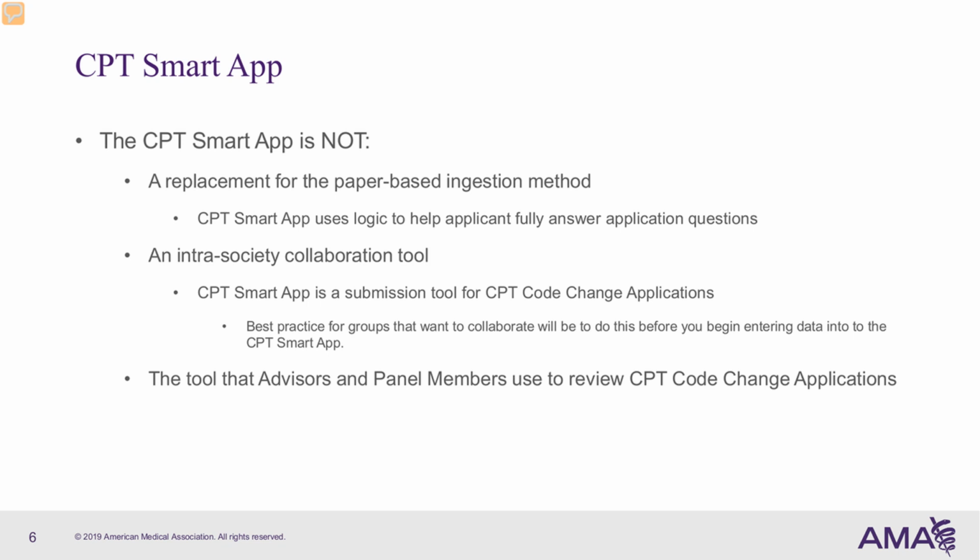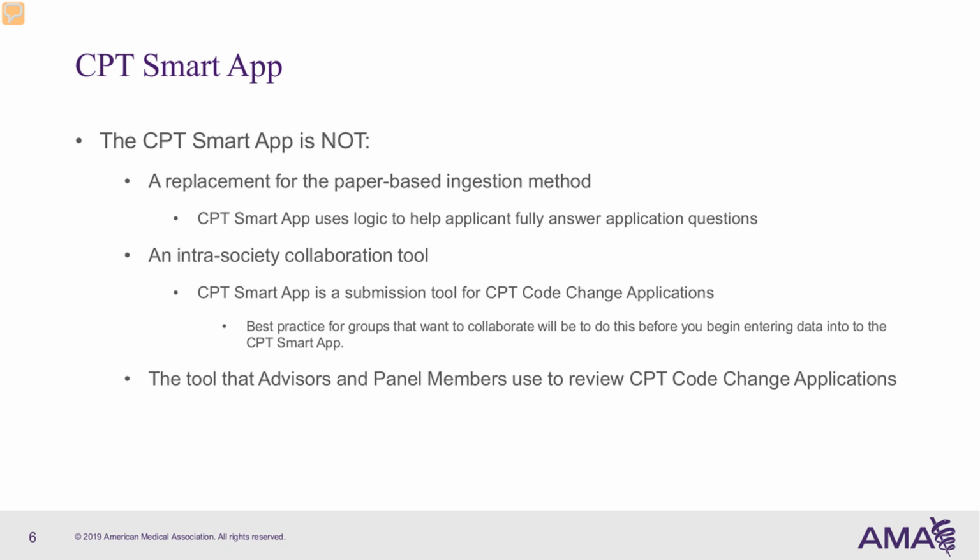It's also not an intra-society collaboration tool. As I'm sure you've read at the beginning of the code change application, we suggest that you work with your societies or other societies before you submit your code change application to make sure that you get a broad consensus for your recommended changes.